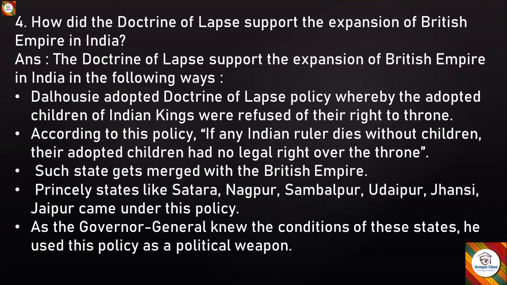Such state gets merged with the British Empire. Princely states like Satara, Nagpur, Sambalpur, Udaipur, Jhansi, and Jaipur came under this policy. As the Governor General knew the conditions of these states, he used this policy as a political weapon. So you can learn these few points.